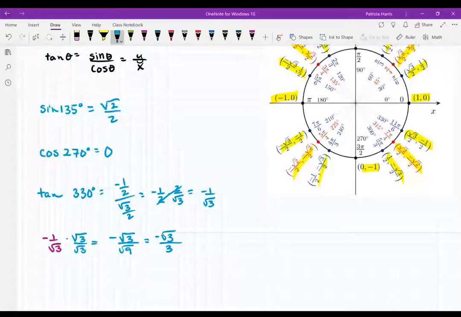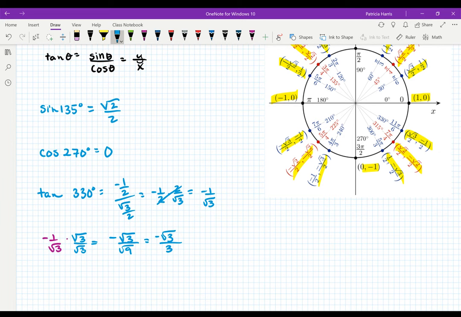Okay, now you will run into places where tangent of your angle is undefined. Now, what you'll notice is that all of the problems I just did were in degree measure. Okay, so you can do the exact same thing using radian measure.